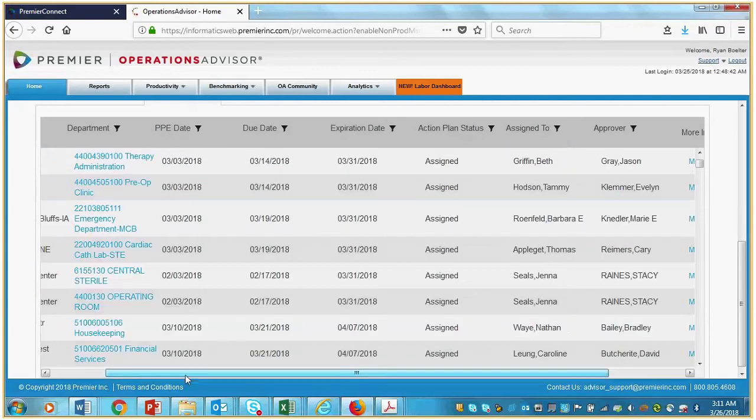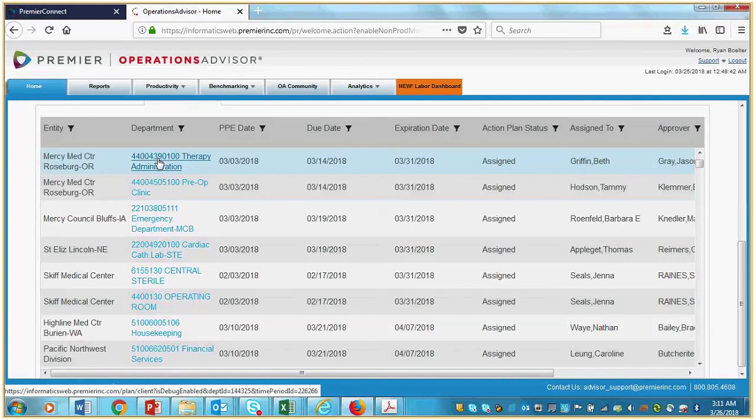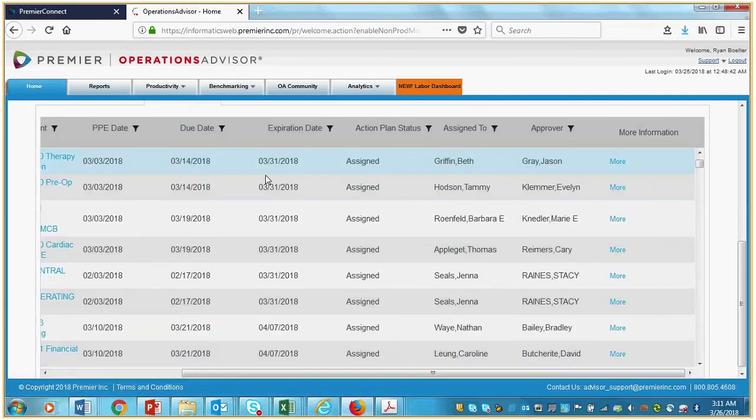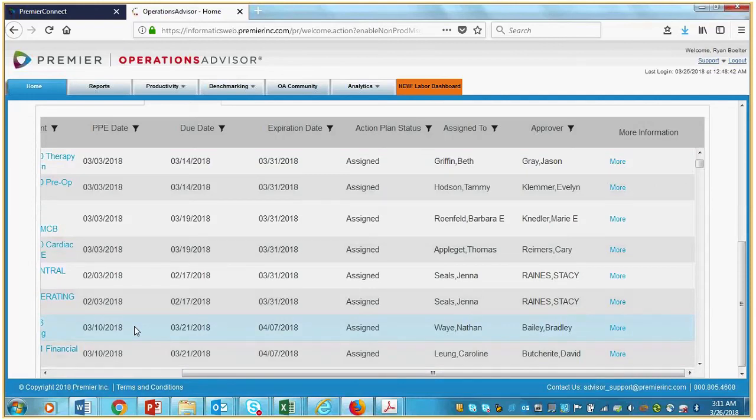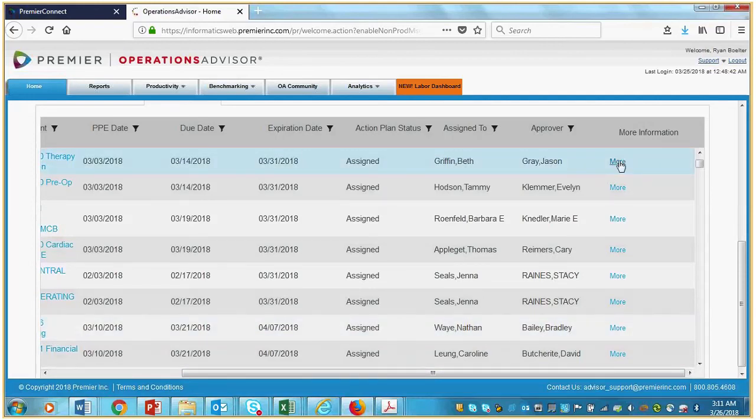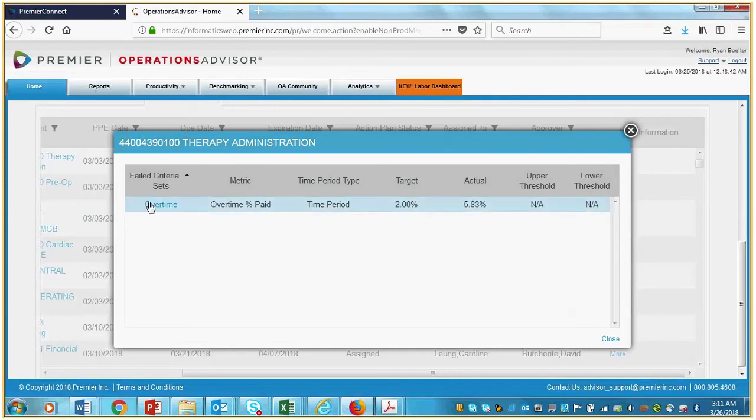So what if I wanted to look at this one, therapy administration, and I want to know why it had an action plan? Well, we can go into the action plan, or we can look first to see what it was. If you click on the More link, it says the failed criteria set was overtime. Overtime percent of paid exceeded the 2% target. In this case, it was 5.8%.